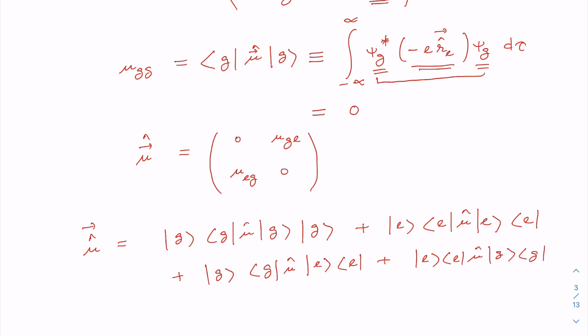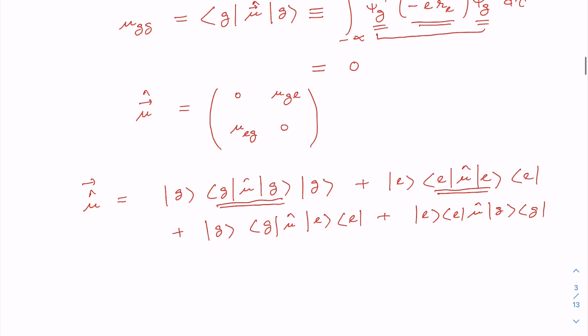So all the four elements I have written now, four terms. Now this term is mu_zz, this term vanishes, similarly this term also vanishes, so therefore I can write it as <z|mu|e>, and this would be |z><e| plus |e><z|.